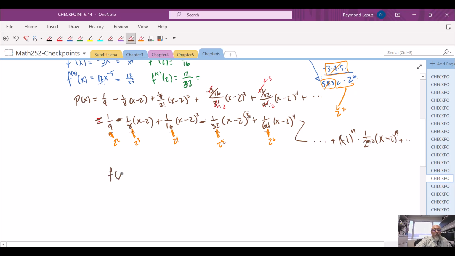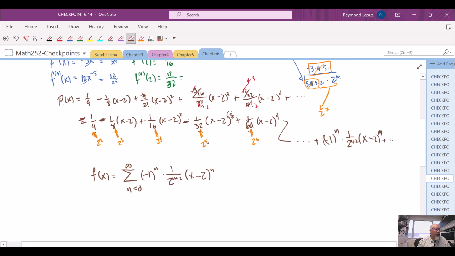Okay, so our power series, our infinite polynomial, is going to be equal to that function. So our function is actually equal to the series as n goes from 0 to infinity of negative 1 to the n times 1 over 2 to the n plus 2 times x minus 2 to the nth power. All right, great. This is our series.